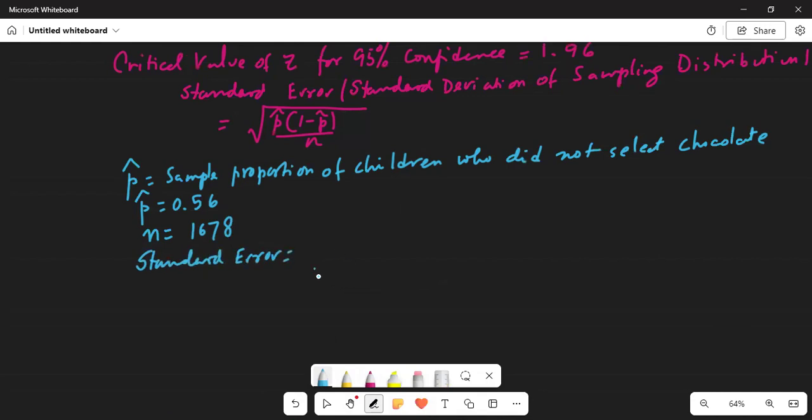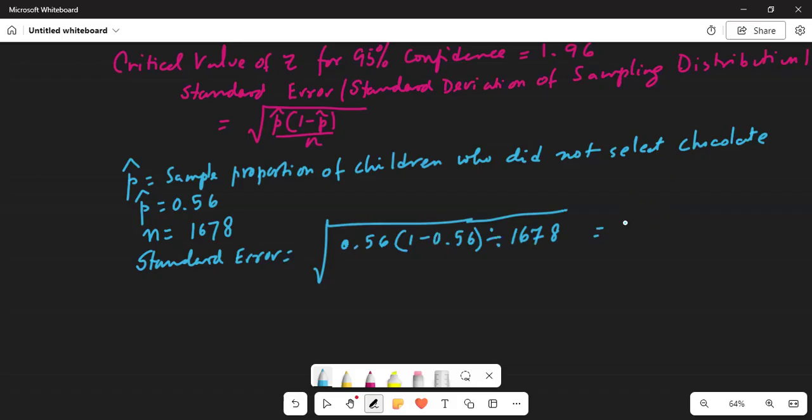And standard error is equal to the square root of 0.56 times (1 minus 0.56) divided by n, which is 1678. We have to use the calculator for that calculation. We press second x square, which gives us the square root on the TI-84. Inside the square root: 0.56 times (1 minus 0.56) divided by the sample size of 1678.